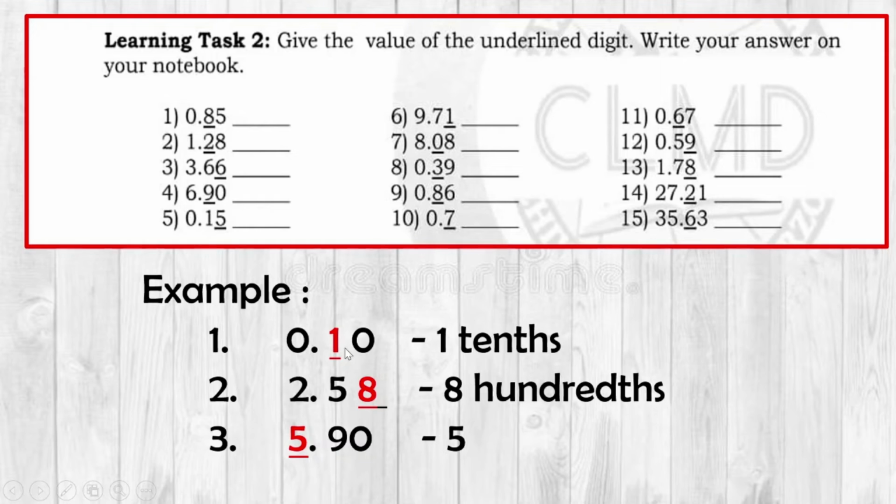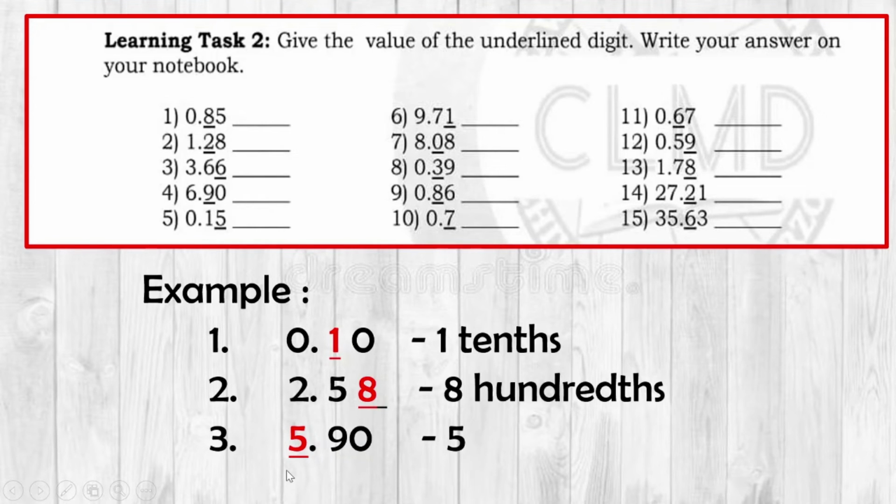The value of 1 is 1/10 because nasa tenths place siya, then isulat nyo lang yung number. Okay? 1/10. Number 2, 2.58. What is the value of 8? So, since yung 8 ay nasa hundredths, so ang value niya is 8 hundredths.